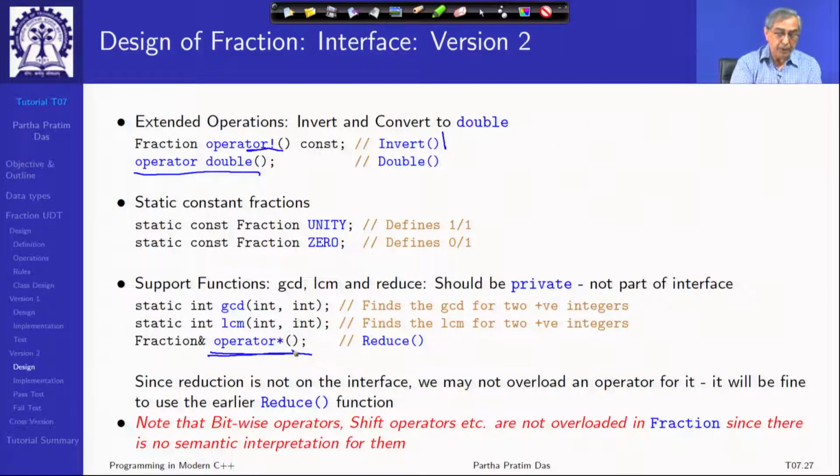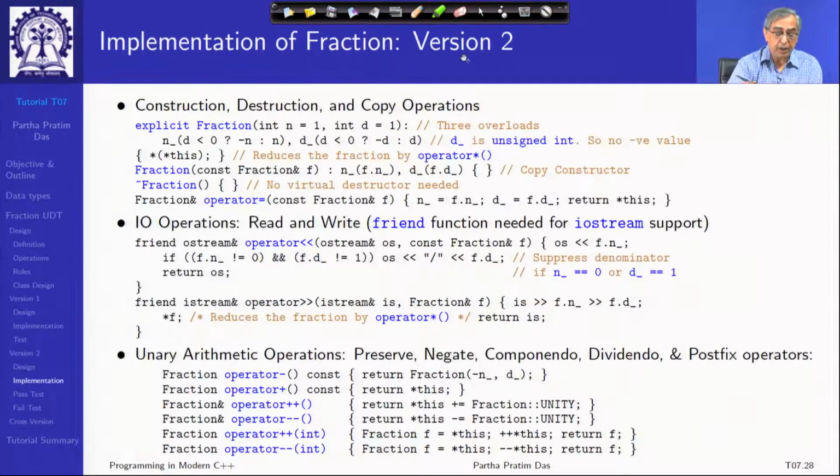But since this is not on the interface of your design, you may just retain the name reduce also, because users will never use this, and there are several other operators which will not get mapped, like bitwise operators or shift operators and so on.